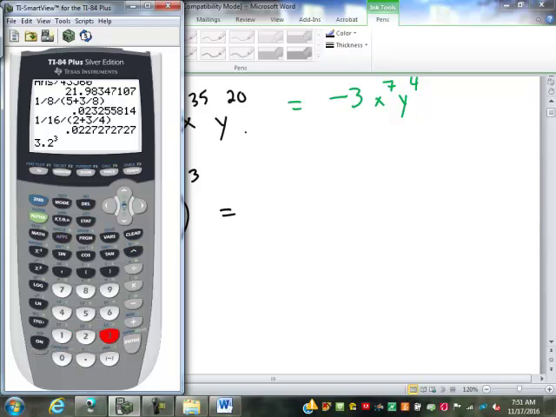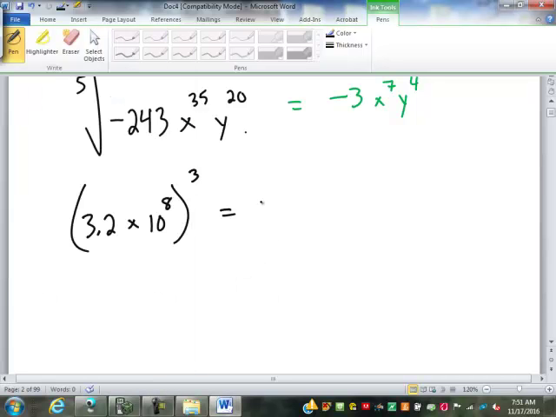I take my 3.2 to the third power, and I get 32.768. Take my 10 to the 8th to the third power. What's that going to be?